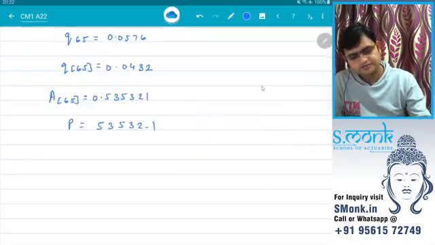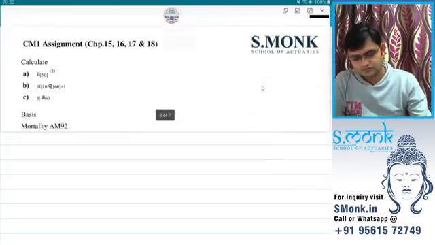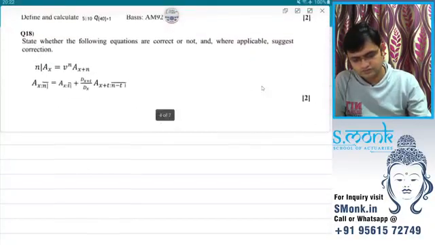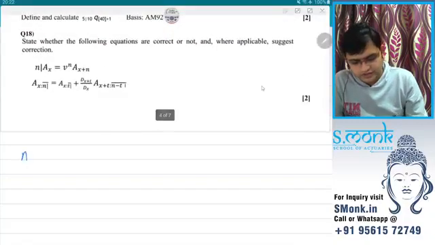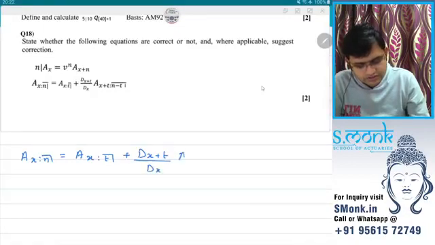18B. That means the second one. So we're talking about AX, and that is our endowment value, must be equal to AX T plus Dx plus t upon Dx AX plus t n minus t.